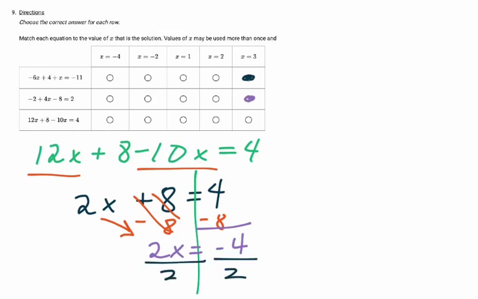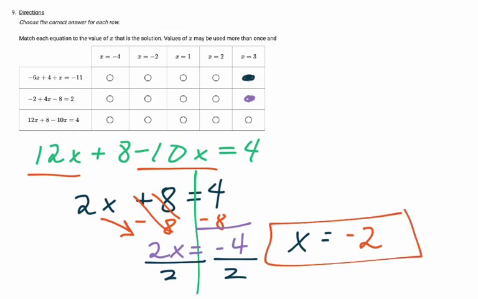So x is going to equal, remember we can divide a negative by a positive or a positive by a negative. It doesn't matter, but if one of them is negative, your answer is going to be negative. So x is going to be equal negative 2 right over there, and negative 2 is an answer choice right there. So these should be the answer choices. 2 equations that equal 3, x equals 3, and then one that gets negative 2.